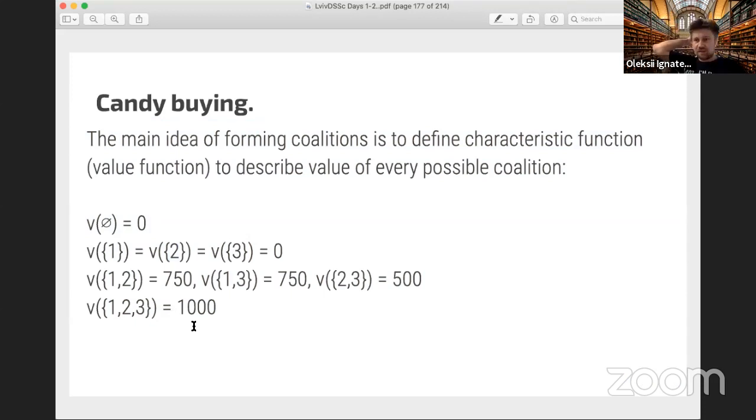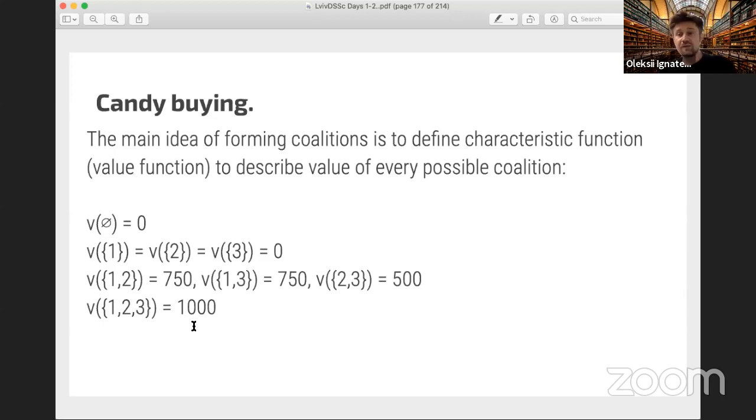So how do you think? Maybe you can propose some divisions which look fair to you. The problem is fairness, that you can define different types of fairness, and in game theory there are a couple of notions, but let's not start with the fairness.